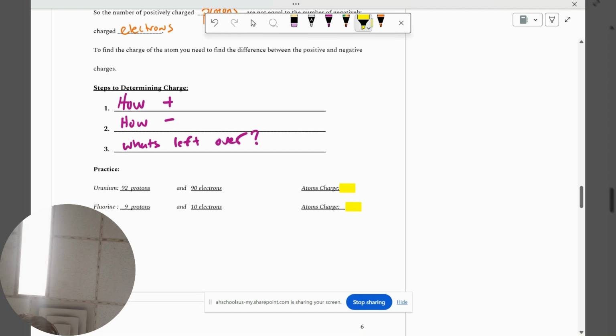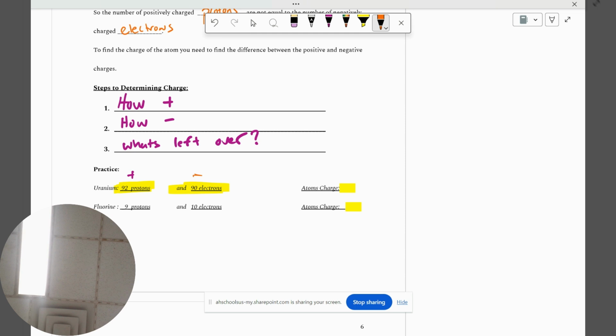Okay. So uranium has 92 protons. So it's got 92 positives. And it's got what? 90 negatives. What's my charge going to be? Plus or minus 2? You're going to be plus 2. You got two positives left over.